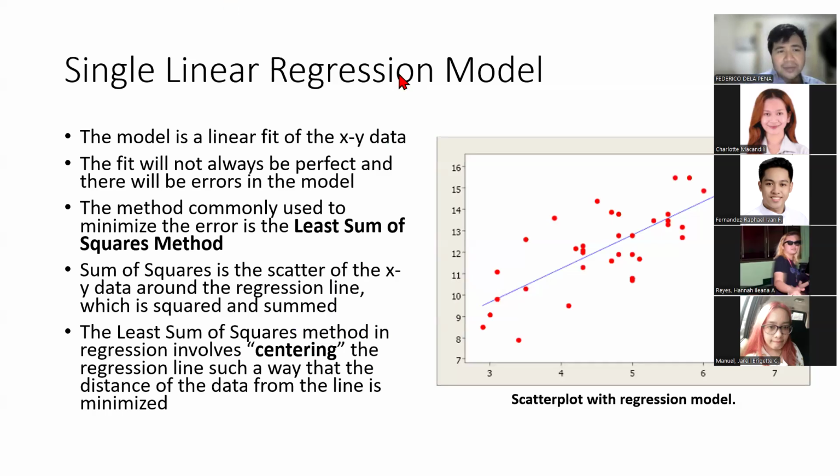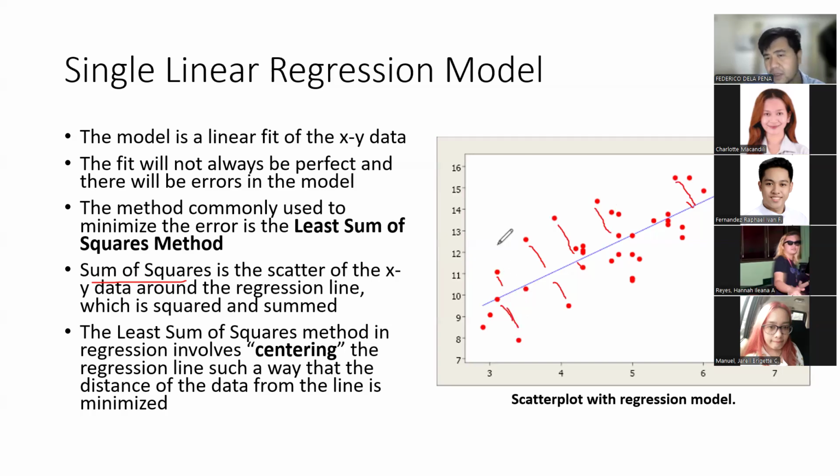In regression, the model is just a linear fit of your XY data. Again, we're just drawing linear or straight lines, and the method used in obtaining or extracting that straight line is the least sum of squares method. Sum of squares is simply a measure of the distance of the points from the trend line.